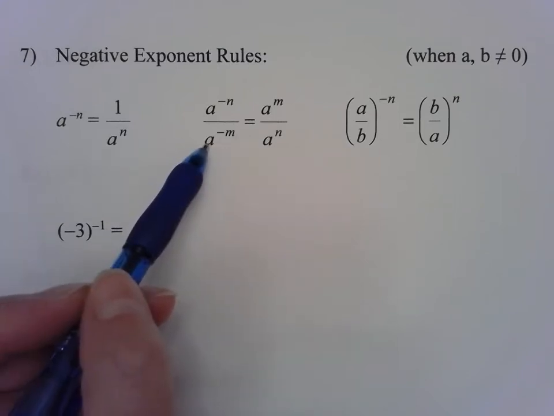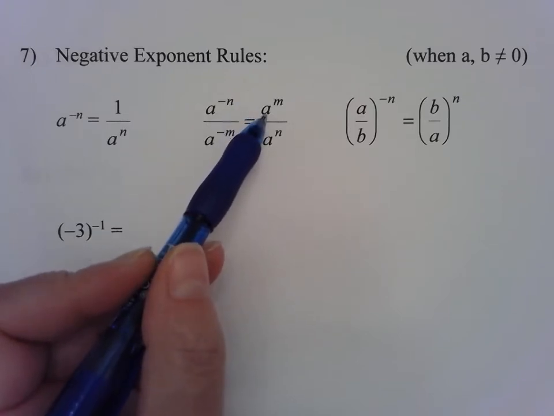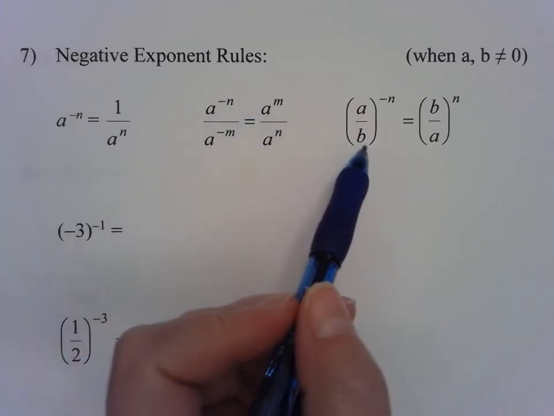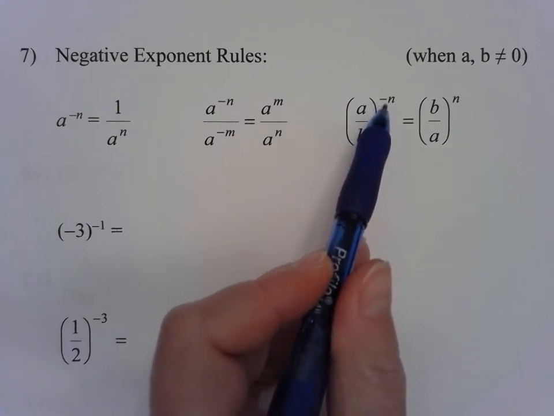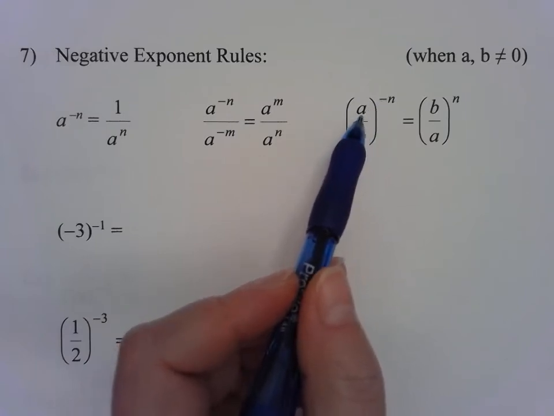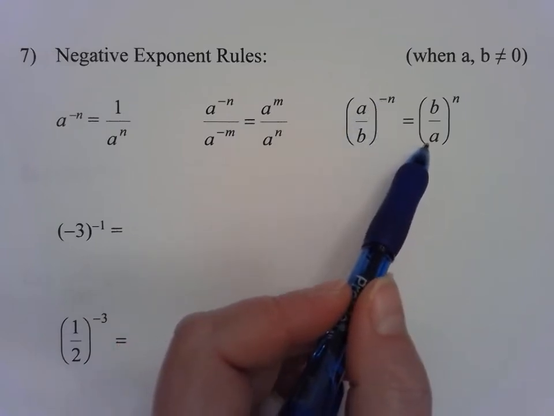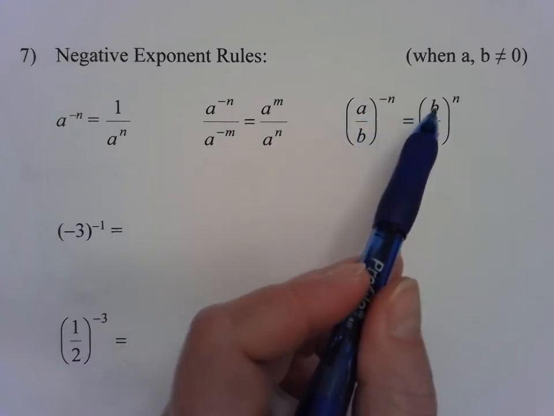And the negative exponent in the bottom is going to cause it to move up to the top. If I have it written as a whole fraction raised to an exponent, that negative is just going to flip it. The negative exponent applied to the a would move it down to the bottom, and the negative exponent applied to the b would move it up to the top.